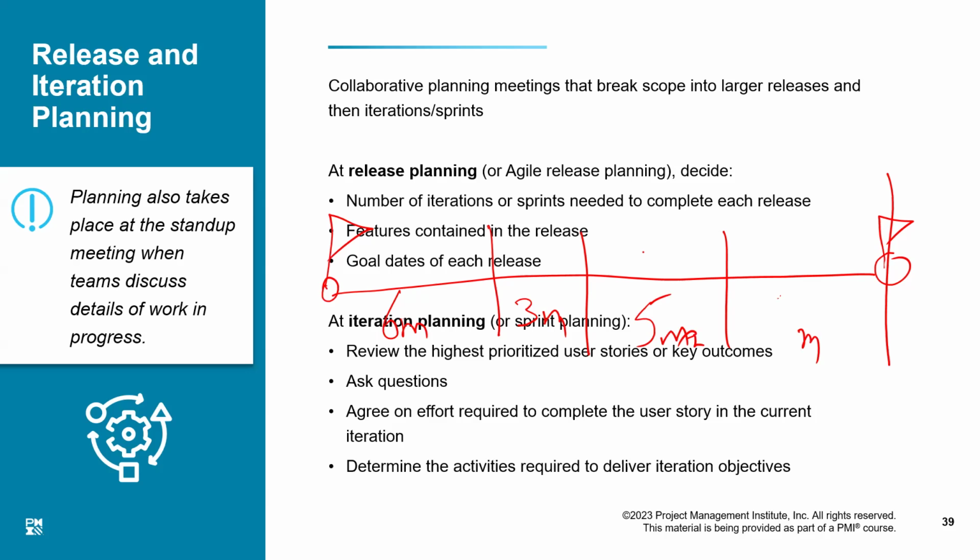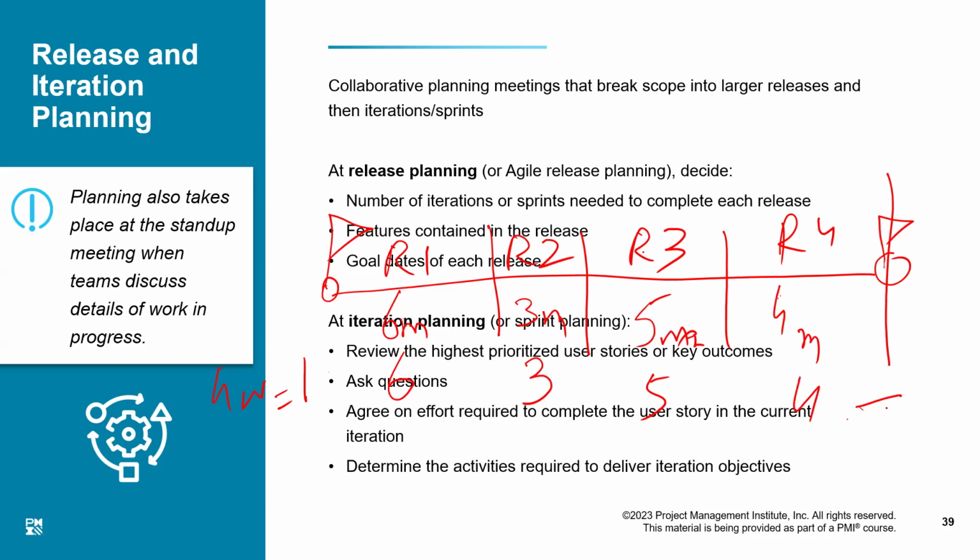That means if it is 1 month or 4 weeks, it will be 6 iterations in release 1, 3 iterations in release 2, release 3 will have 5, and release 4 will have 4.